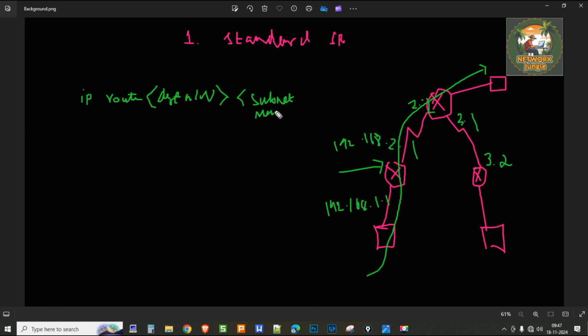If you misconfigure the subnet mask, it will cause problems. And as well as the gateway IP address. That is the exit gateway IP address. You can type the IP address or interface.